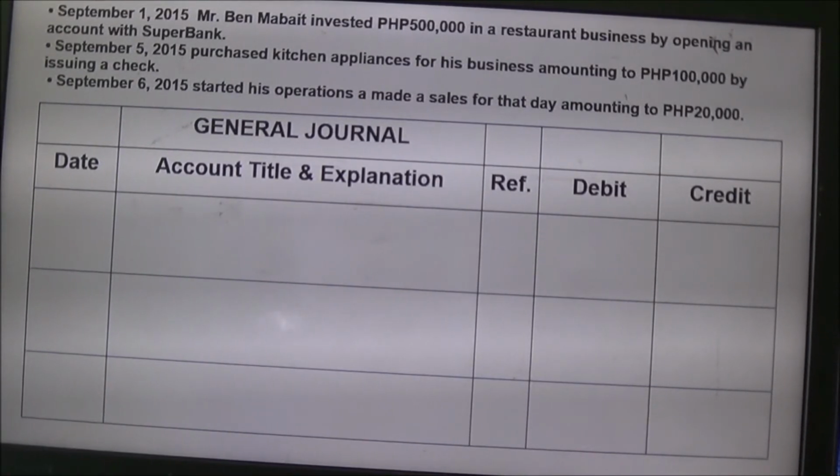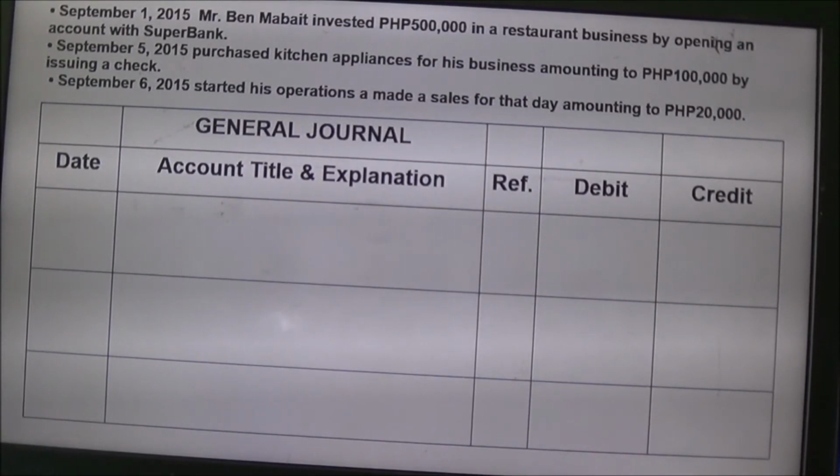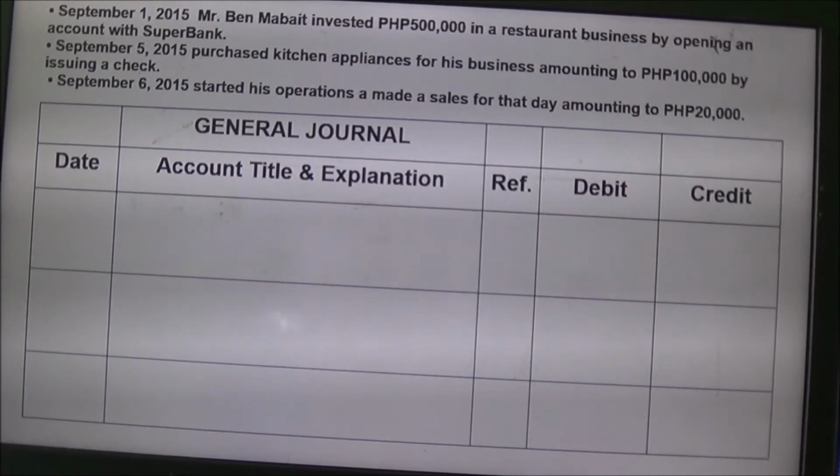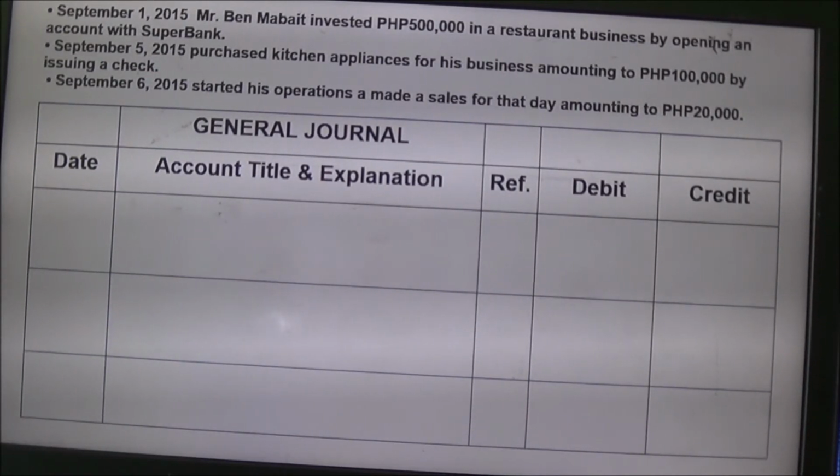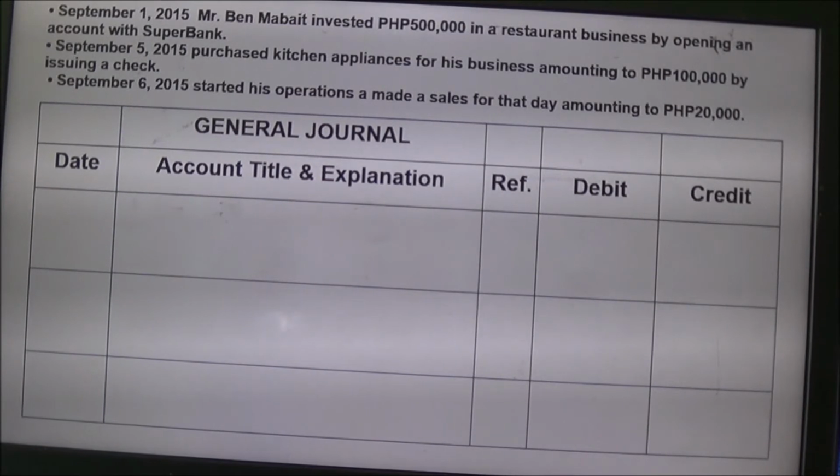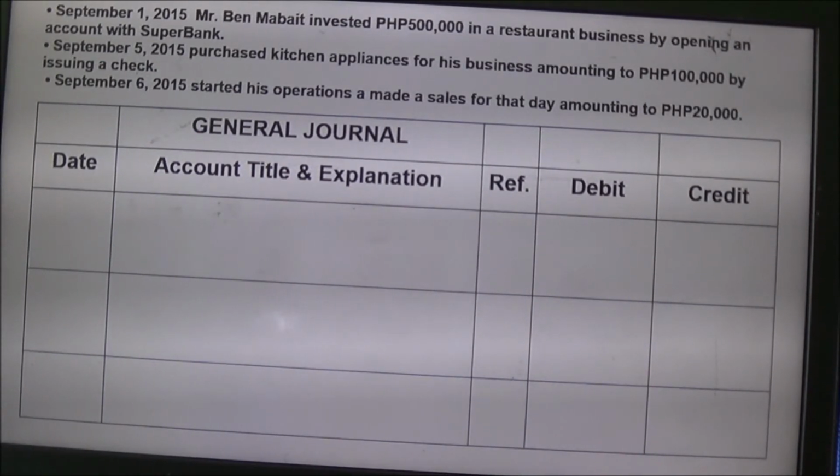And on September 6, 2015, Mr. Ben Mabait started his operations and made a sales for that day amounting to 20,000 pesos. So these 3 transactions, we are going to journalize it in the general journal.